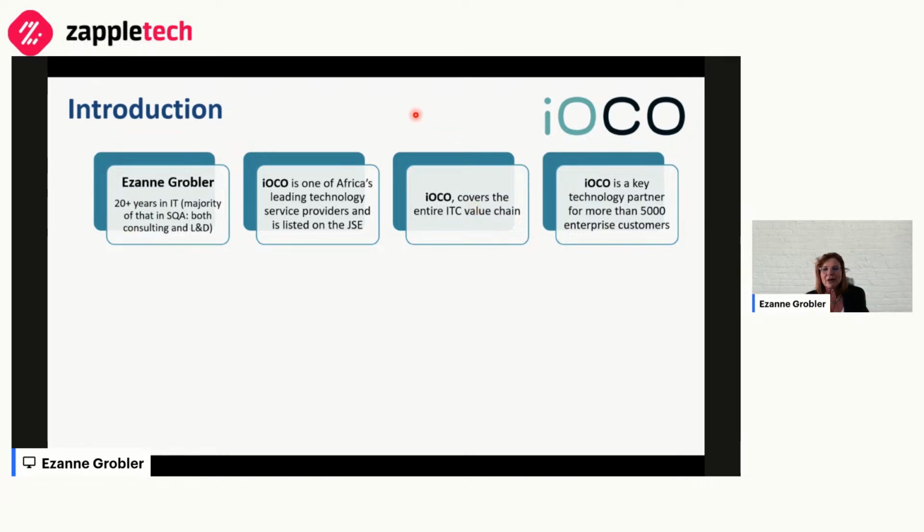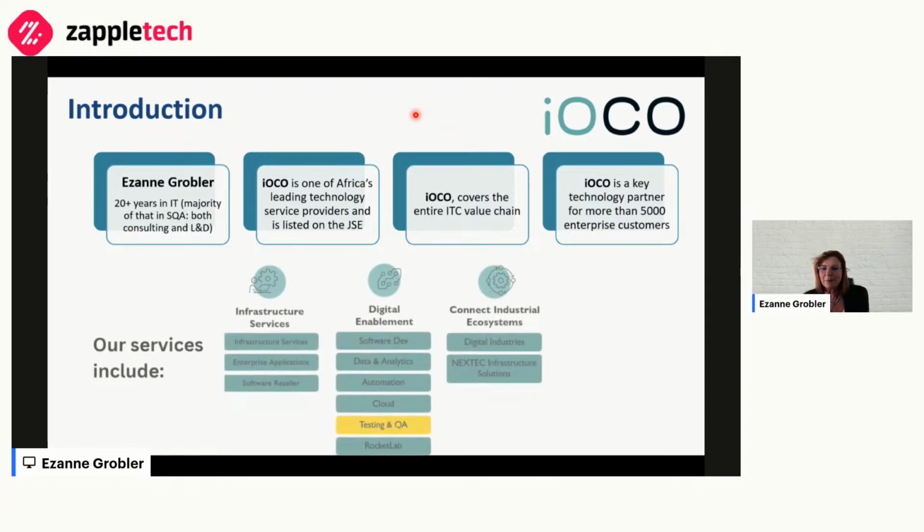IOCO as a company covers the entire ITC value chain, and as a key technology partner, IOCO is a key technology partner for more than 5,000 enterprise customers, not just in South Africa, but in Africa as well as in EMEA, the Europe, Middle East, and Africa.